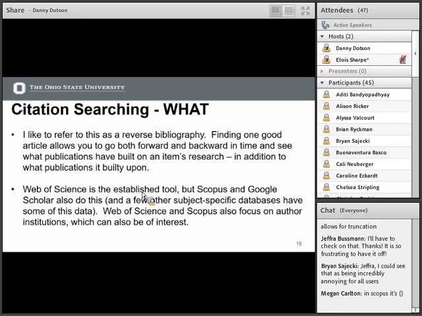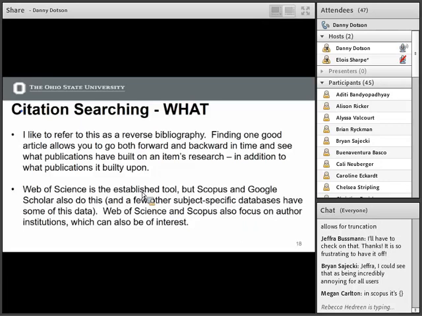And then I show them search tools like Web of Science, and usually for the sciences I focus on Scopus. But I also look at Google Scholar in a lot of classes, and because of Google Scholar, some people have run across the citation searching elements, so they're not as surprised as they used to be.